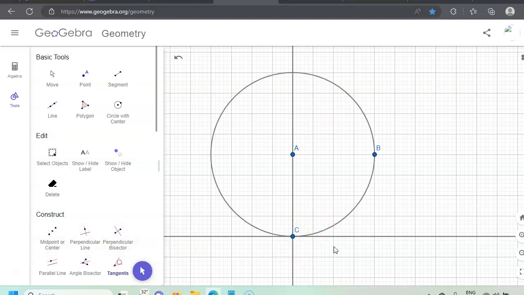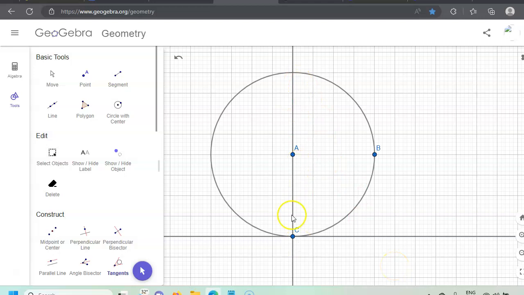And then recall, what is the relationship of the line that passes through the point of contact? Recall the point where the tangent line touches the circle as the point of contact. So what is the relationship of the line that passes through the point of contact and the tangent line? You are correct.